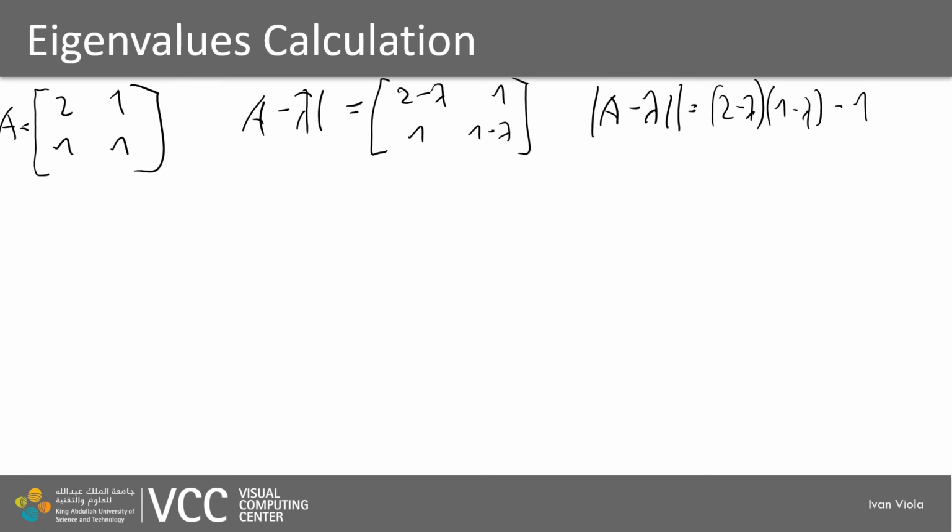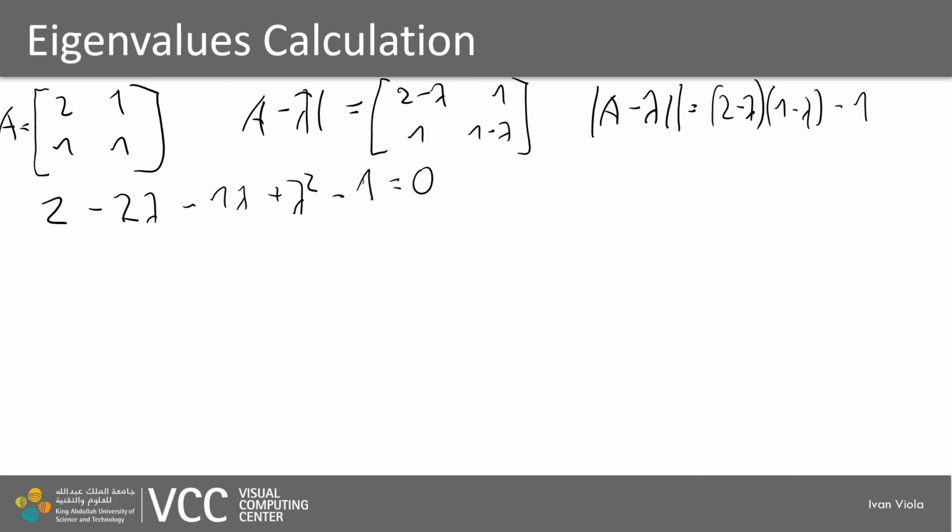And this should be equal to 0. So if we calculate now 2 times 2 minus 2 lambda minus 1 lambda plus lambda squared minus 1 should be actually equal to 0.